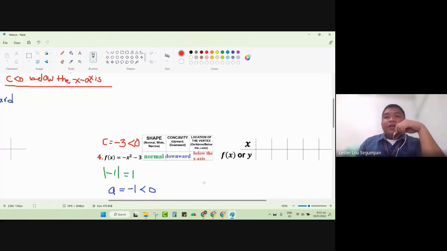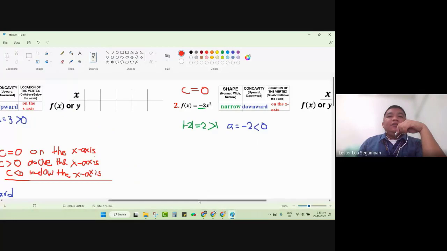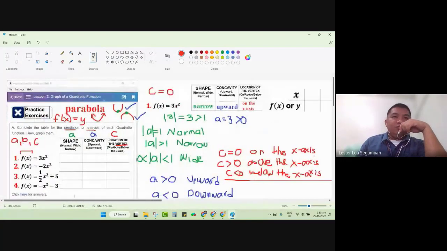Now that we have all of this analysis, these are our predictions. Let us now try to graph all of them, and let us really see if it will show a parabolic function that will be acceptable to its analysis.